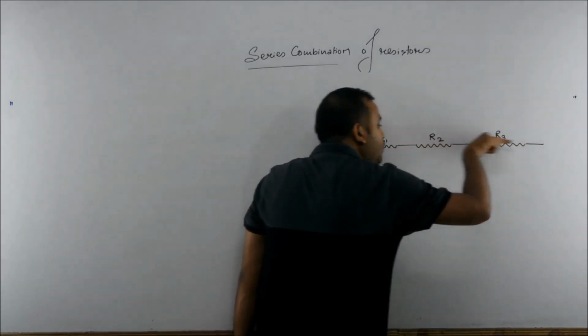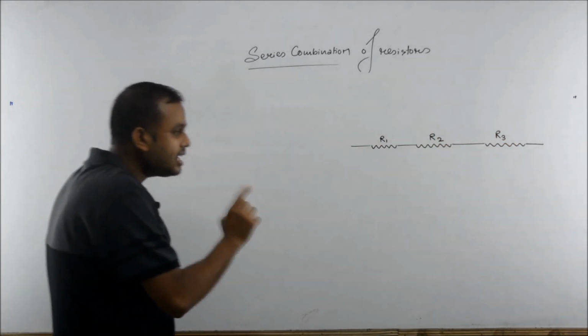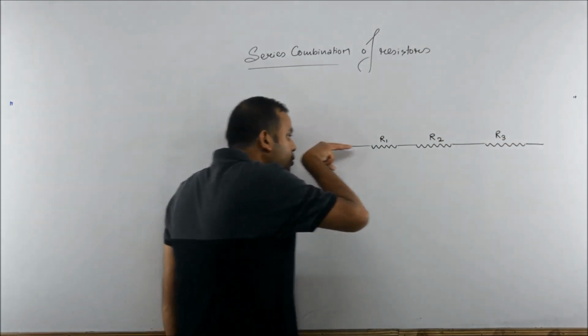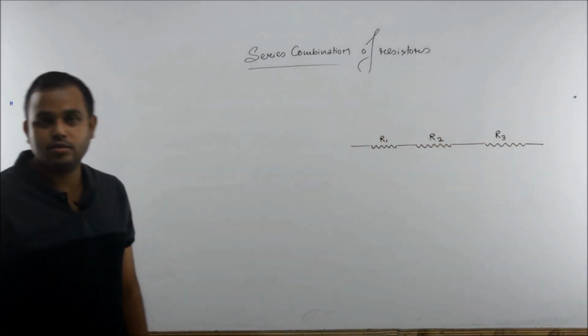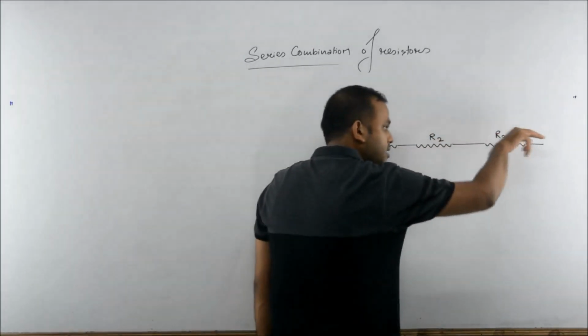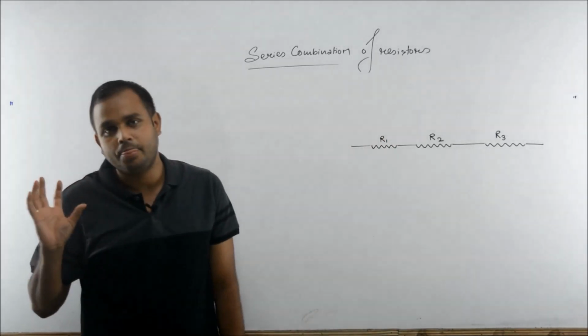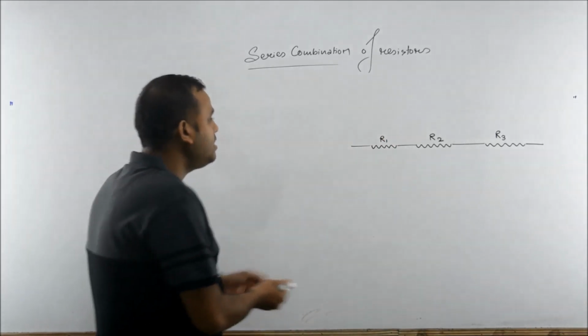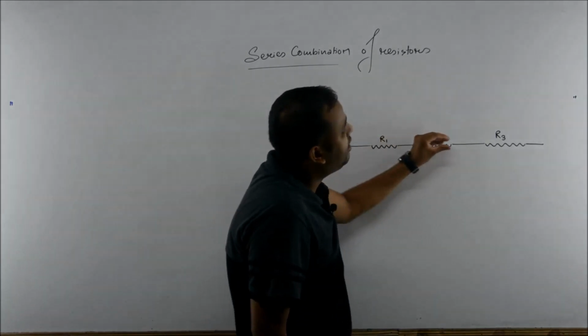In another way you can see that here there is only one way in which current can flow. That means the same current will flow through R1, through R2, through R3. Just consider this as a pipe and current as water. Clearly you can see that the same water will pass through R1, R2 and R3.